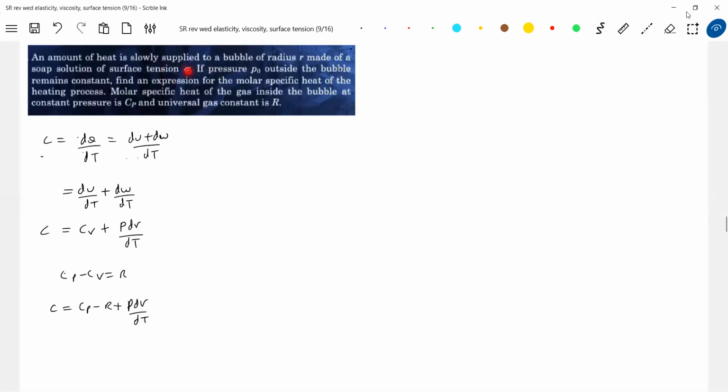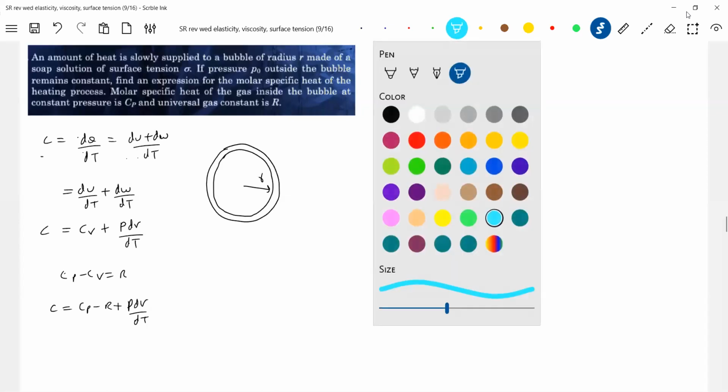He has given surface tension sigma, radius R, pressure P naught outside the bubble. I think that much of information. So what do we have is a bubble. Soap solution is here.